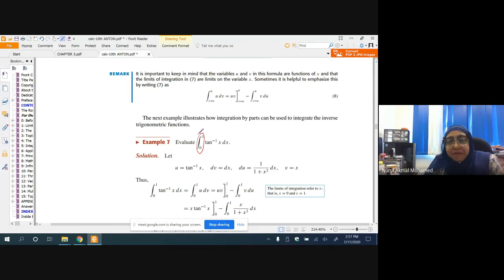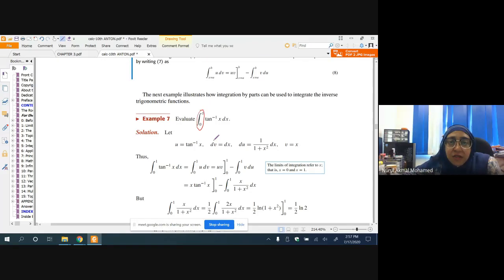In order to solve this, you can try u equal to arctan x and your dv is equal to dx. Your du is 1 over 1 plus x squared dx, and v is equal to x.